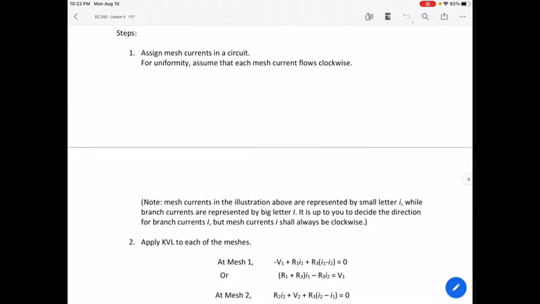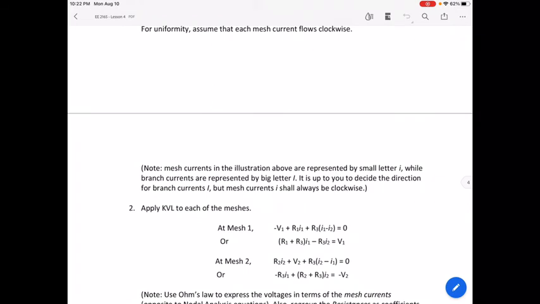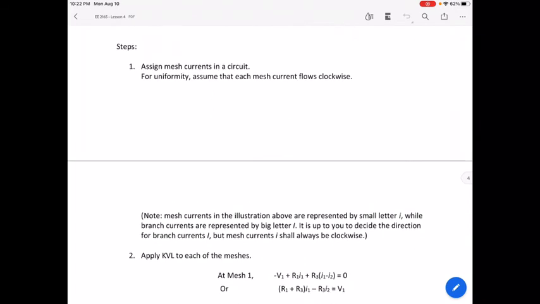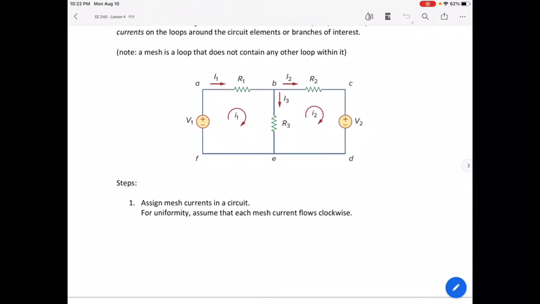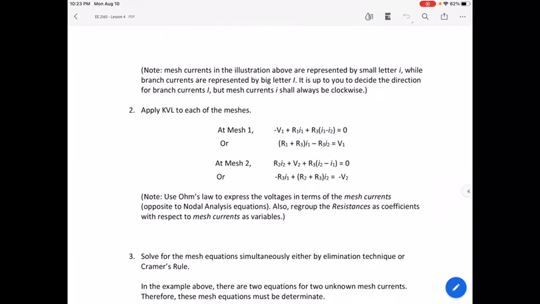The second step would be to apply KVL to each of these meshes. We have already discussed KVL from the previous lesson several weeks ago. So we're just gonna apply KVL to each of these loops or meshes.